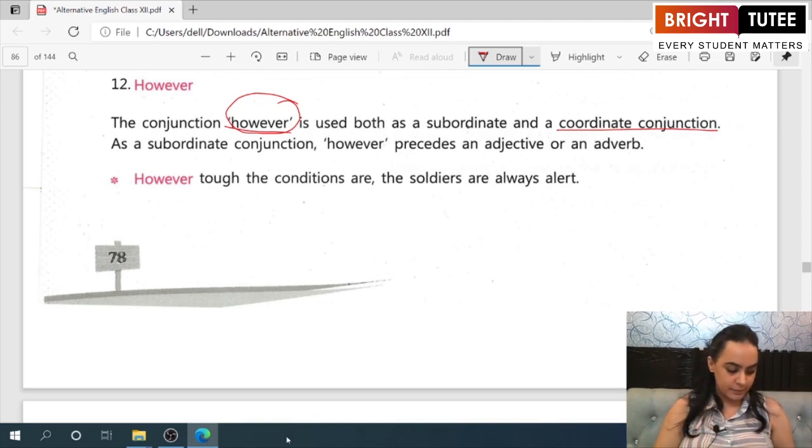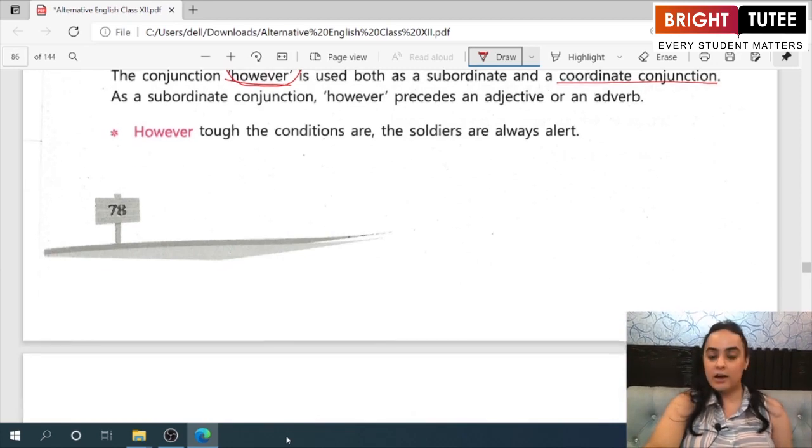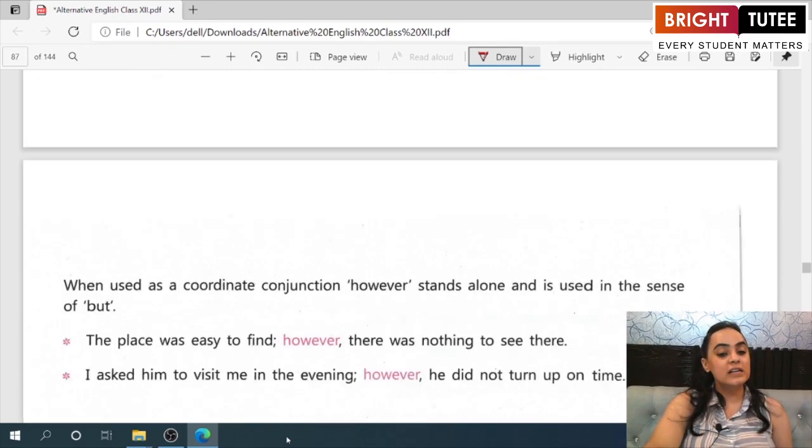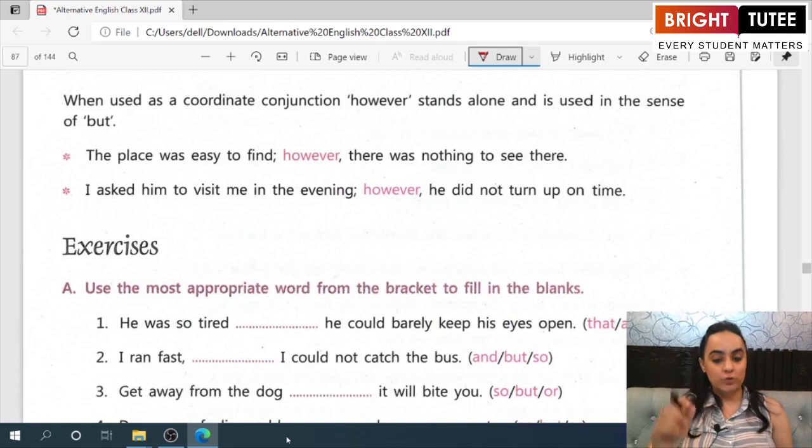For example, however tough the conditions are, the soldiers are always alert. So no matter how difficult the conditions are, the soldiers are always alert. Then we use it as a coordinate conjunction.